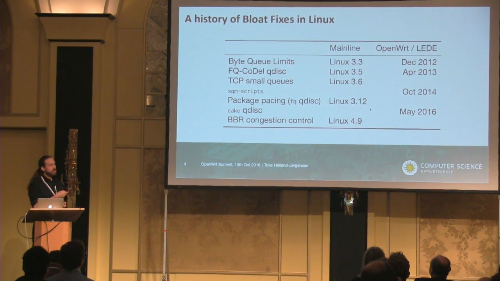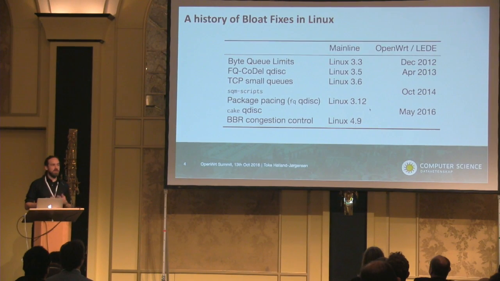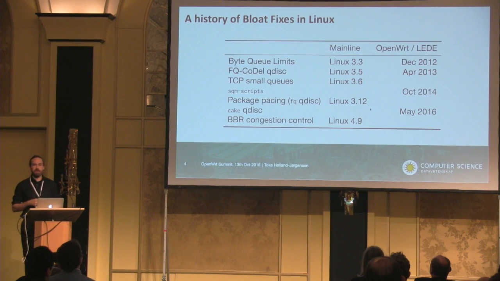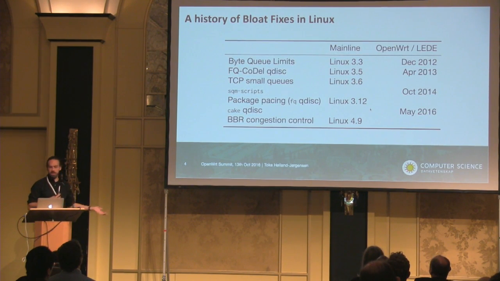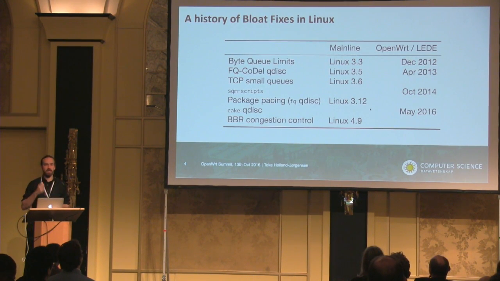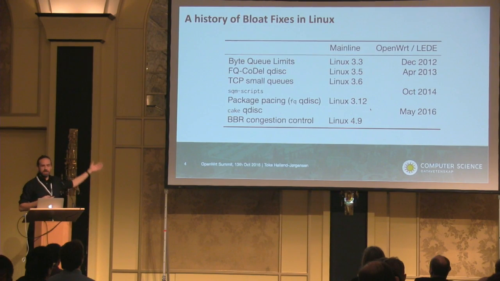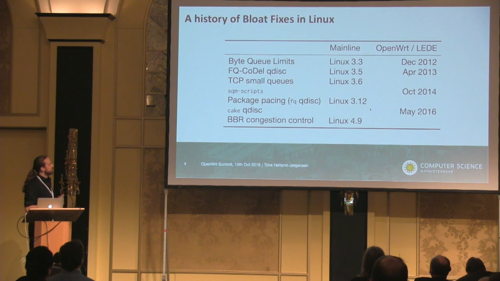Then the fq_codel queue management algorithm that I just mentioned went in Linux 3.5, and it became the default in OpenWrt Chaos Calmer around April 2013, as I think OpenWrt was the first distro to actually make it the default, thanks to Felix, who was brave enough to do that. And it's worked really well. So the second graph I showed you is actually what you will get on OpenWrt today.